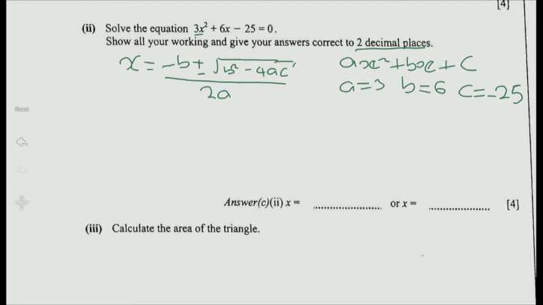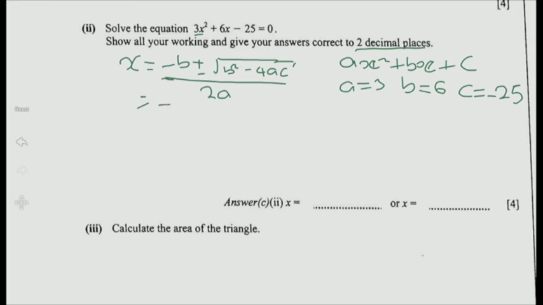Looking at the formula, your denominator is 2a and your numerator is negative b plus or minus the square root of b squared minus 4ac. So we can substitute here.